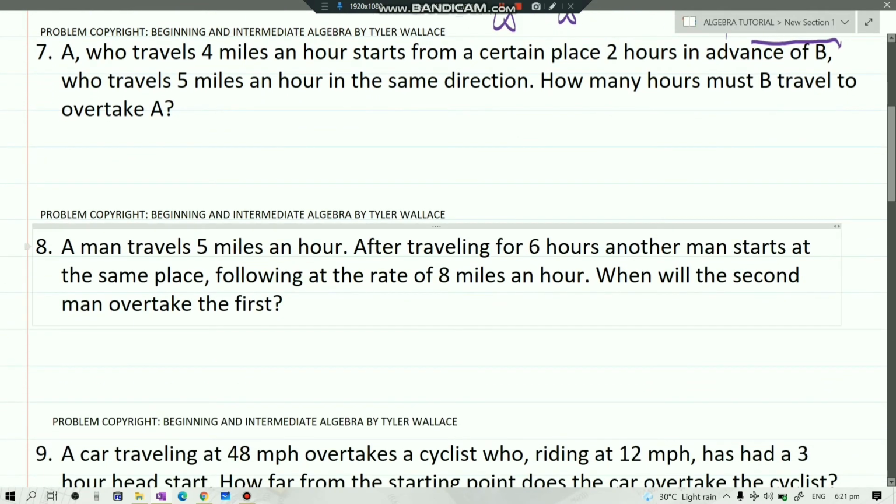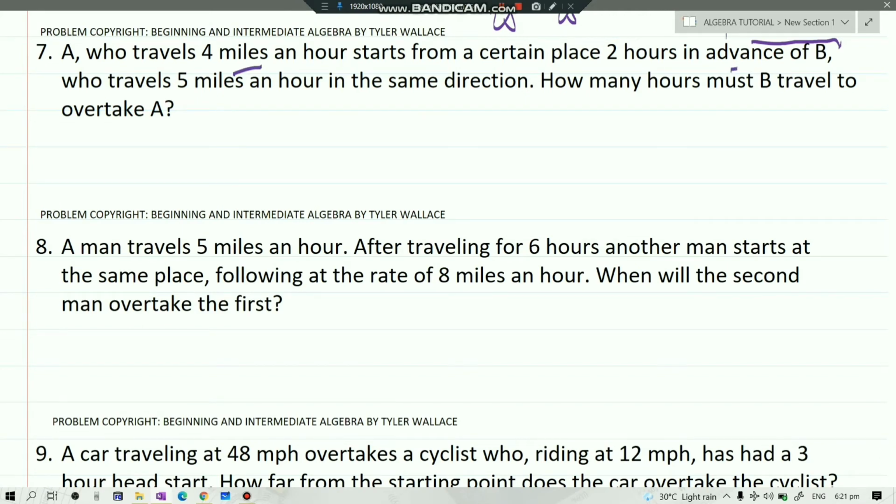Next, problem number 7. A, who travels 4 miles an hour, starts from a certain place 2 hours in advance of B. Okay? Who travels 5 miles per hour in the same direction. How many hours must B travel to overtake A? So, paano yung solution natin dyan? Our solution, so let's make A and B. Okay?